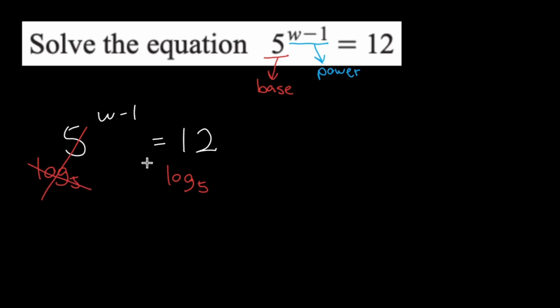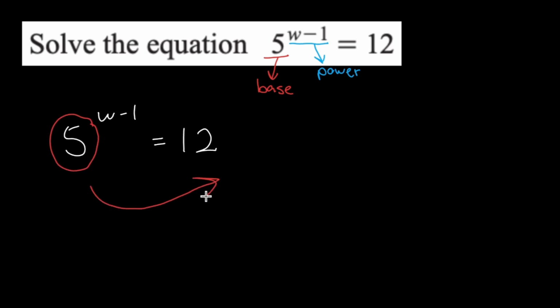You can also think of it as moving this exponential base 5 to the other side of the equal sign, where it will transform into log base 5. Now once we do this, the w minus 1 would drop down on its own, and on the other side, we would have log base 5 with the argument of 12.